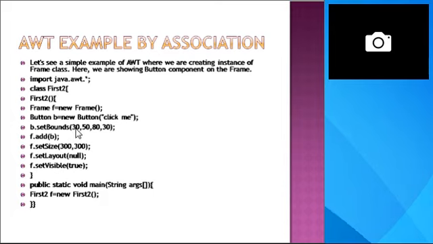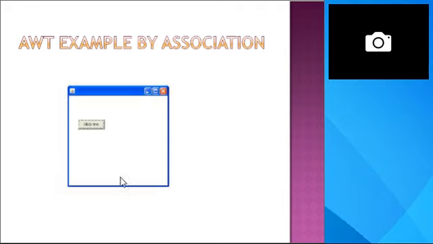This is the height, top, bottom, left, right. f.add, the object of the Frame class, is used to add the button. Second is setSize, height and width, setLayout null, f.setVisible true, and the output of this simple program is as shown here.